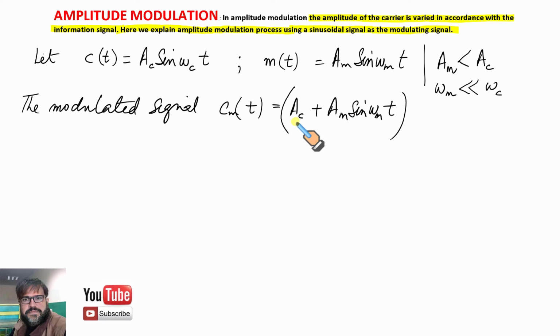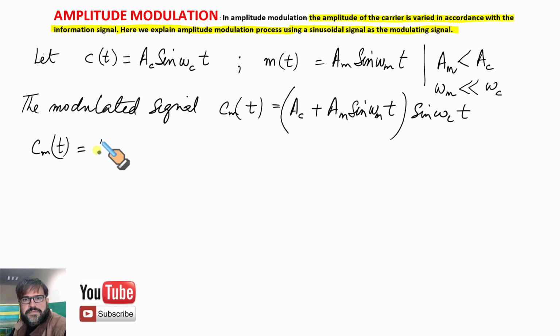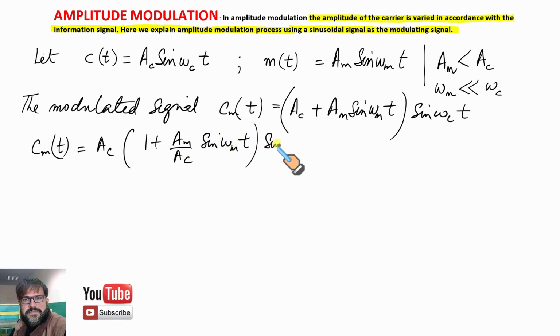AC, the amplitude of carrier, is added to the whole message signal, times sin(omega C t), which is again written as, we have AC common here, AC times 1 plus AM upon AC sin(omega M t), times sin(omega C t). The modulated signal now contains the message signal.